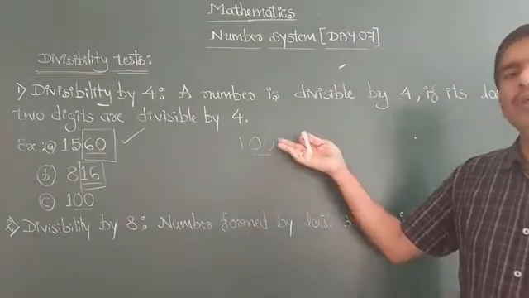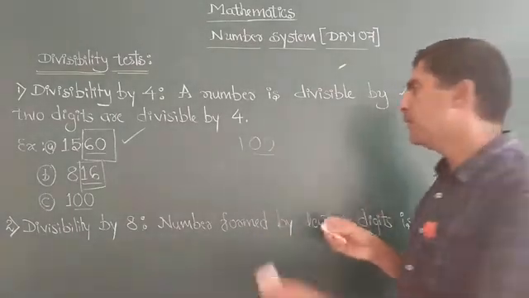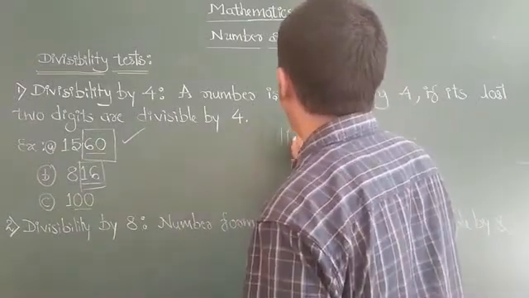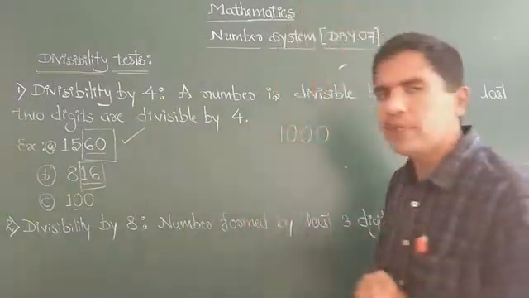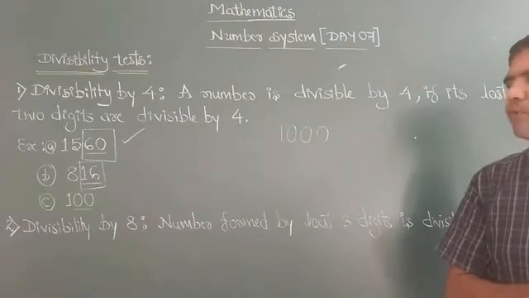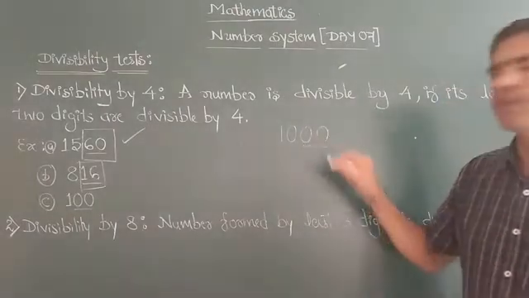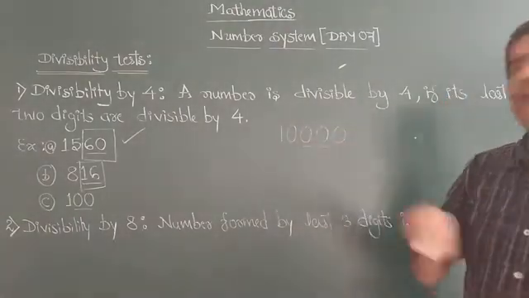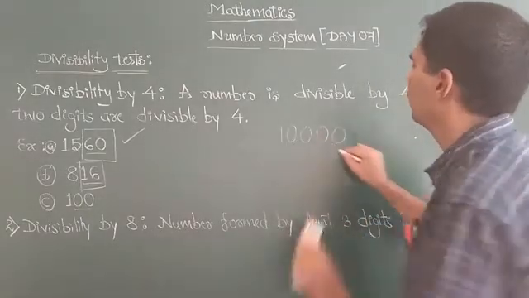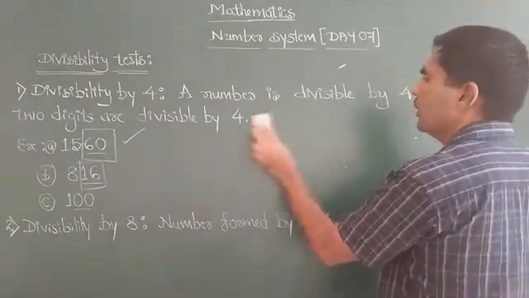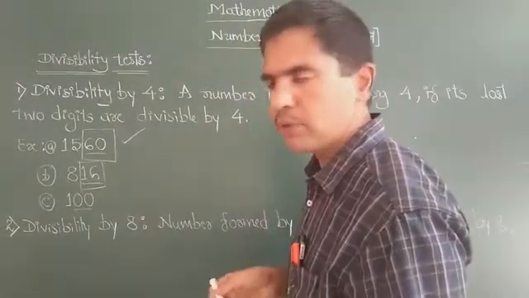Then 1000 is divisible by 4, definitely sure. 10,000, definitely sure. So, in that way, a number is said to be divisible by 4 if the last two digits are divisible by 4.